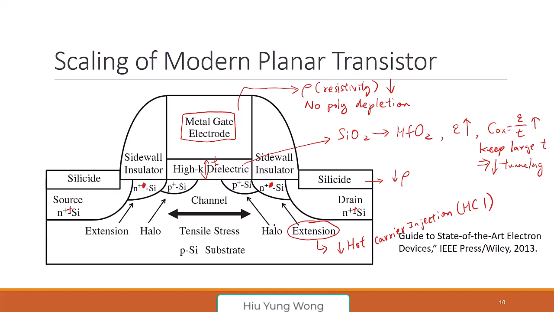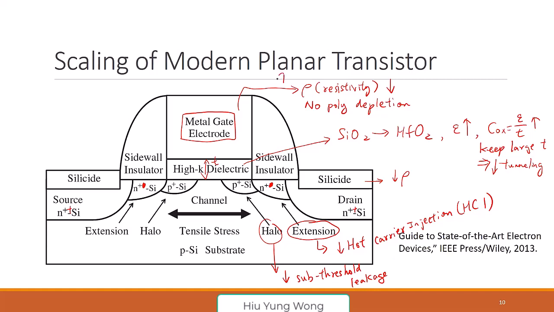Halo is just a doping to prevent punch through, to avoid the leakage. So halo is to reduce the subthreshold leakage. I can tell you all this, we can go into detail, and that will be half a semester of an advanced device class, right? But this is not the purpose here, okay? But I tell you all the critical things, right?